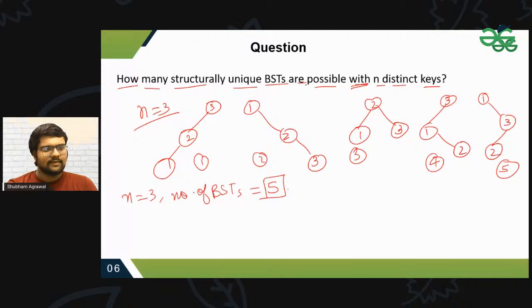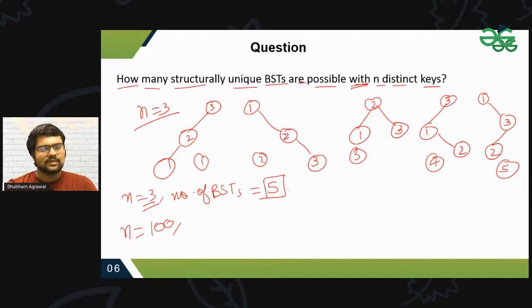If I want to find the number of possible structurally unique BSTs for n equal to 100, how will I find it? For that I would have to draw all the possible combinations, and it will be very difficult because there can be many. For that we have a formula.